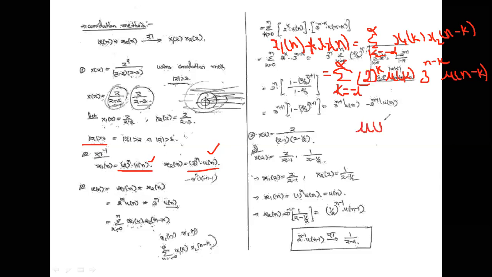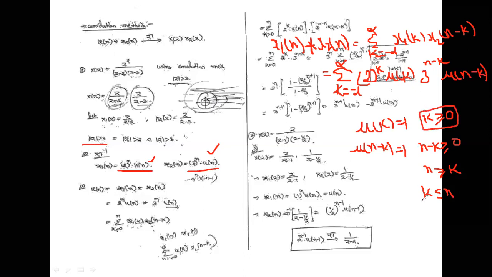We know mu of k is equal to 1 for k greater than or equal to 0, and mu of n minus k is also 1 for n minus k greater than or equal to 0, that is, n is greater than or equal to k, or k is less than or equal to n.